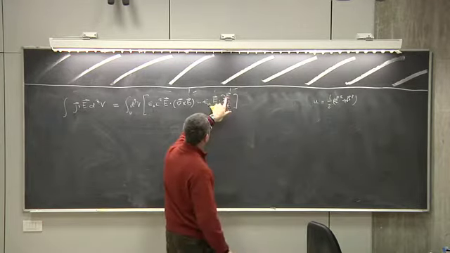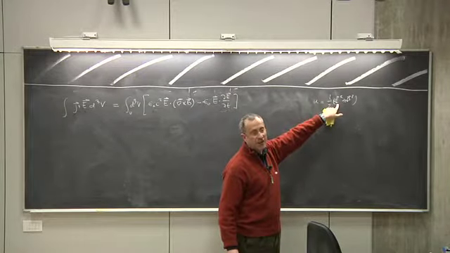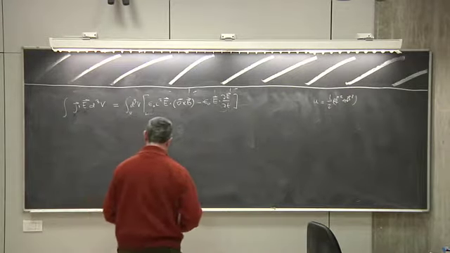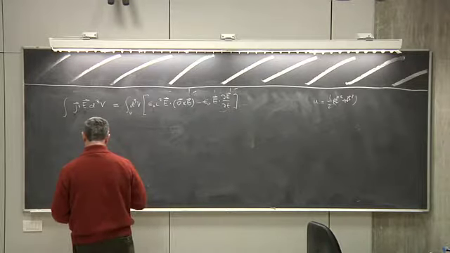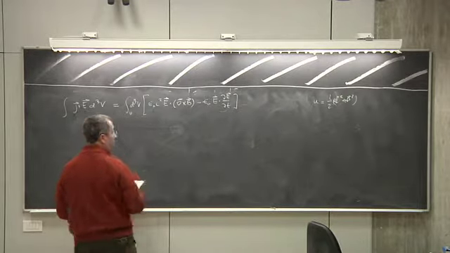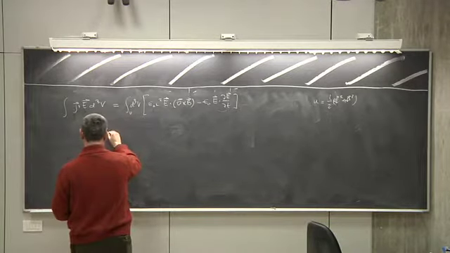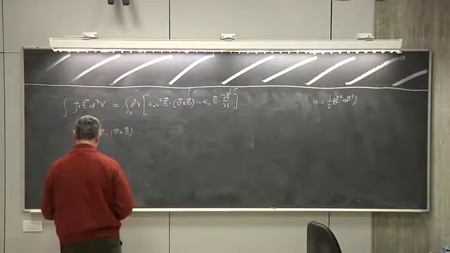So this piece looks nice because it's already sort of the derivative of the density of the electric field. This one is a mess. I want to massage that term, and the way to do it is to use the usual identity for three vectors, the one I gave you a photocopy of.